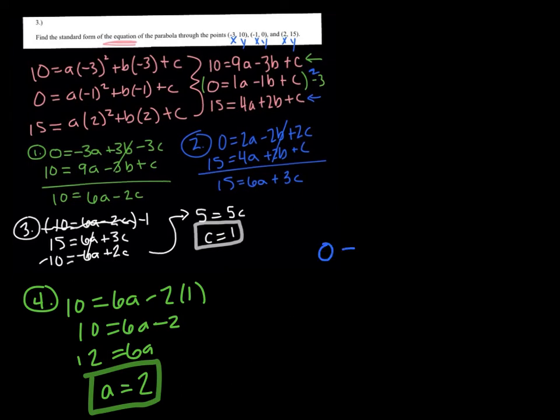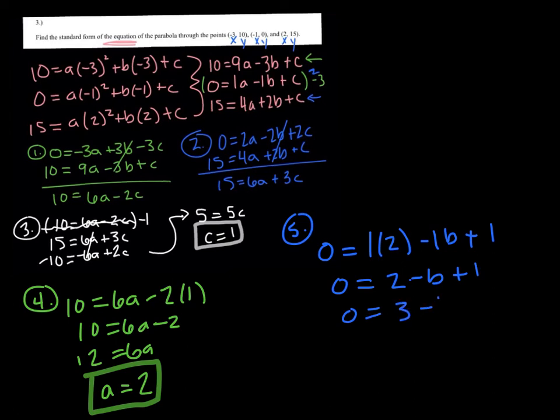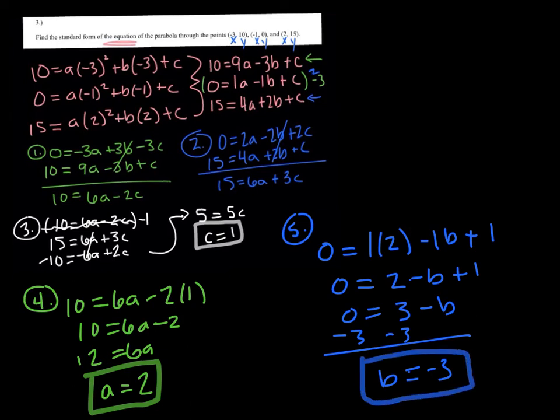So 0 equals, and this is our fifth step, 1 times a, which is 2, minus 1 times b, which we're trying to find, plus c, which is 1. So 0 equals 2 minus b plus 1. So 3 minus b, subtract the 3. B is negative 3.